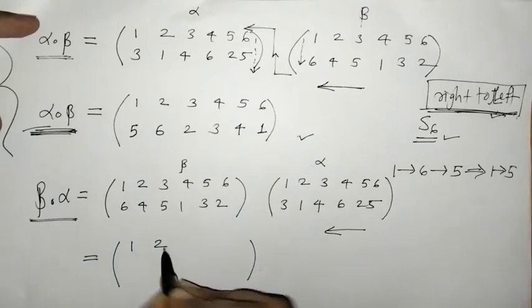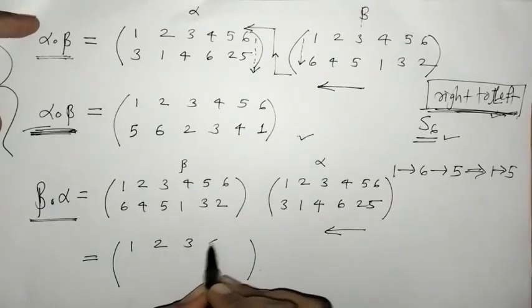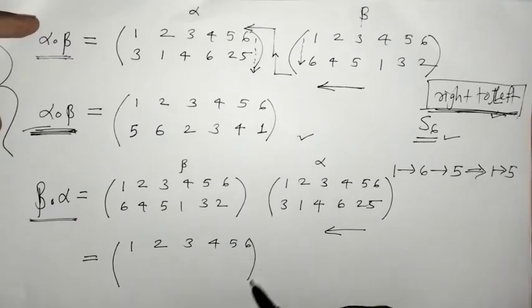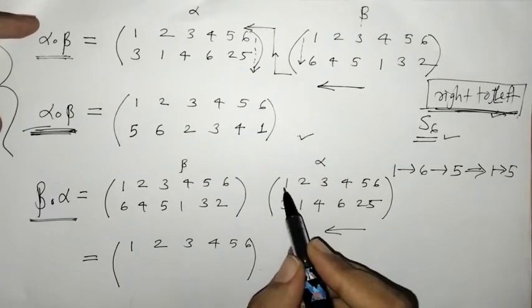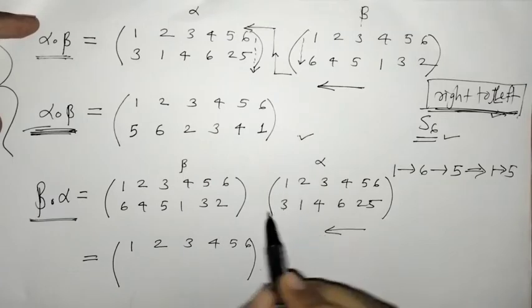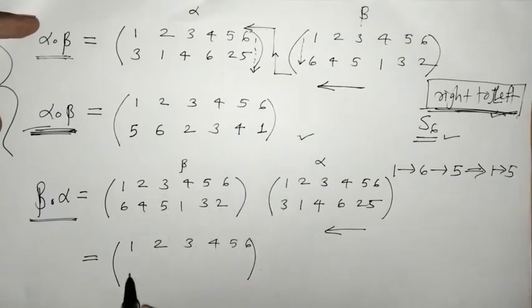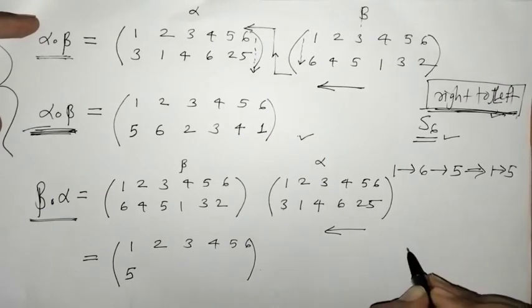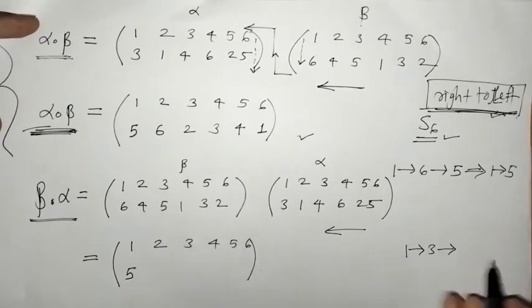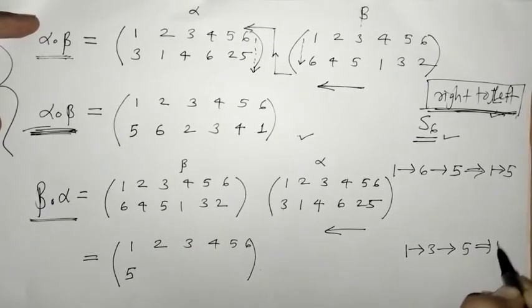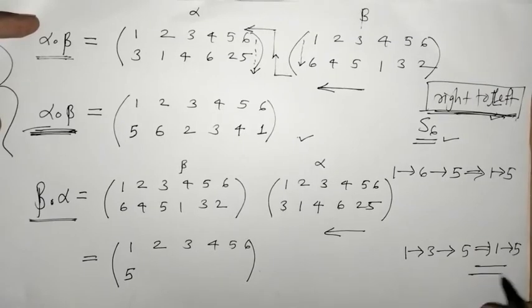For this, first we write down the elements 1, 2, 3, 4, 5, 6 in the first row. Now we have to check the alpha permutation. 1 maps to 3 and here 3 maps to 5. So here we write down 5. In alpha 1 maps to 3 and in beta 3 maps to 5. So this gives 1 maps to 5.